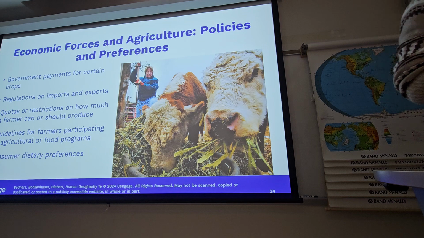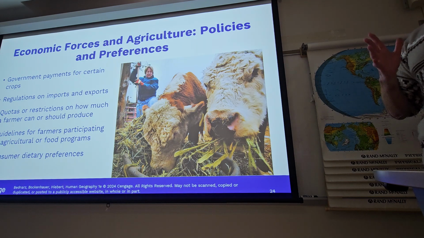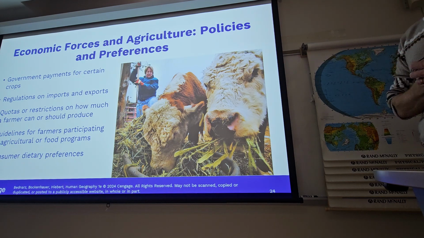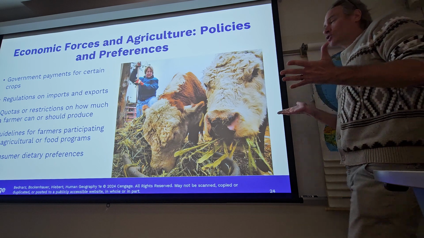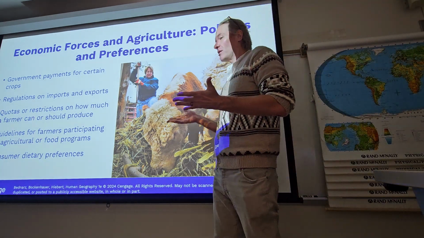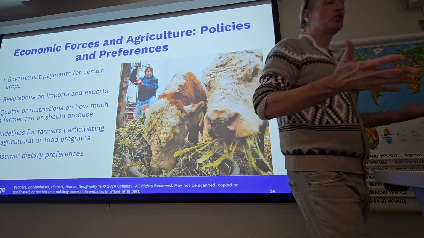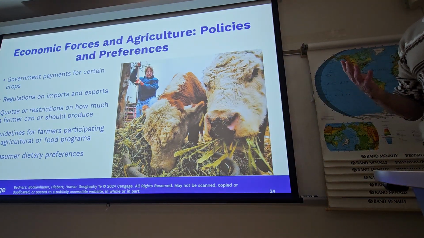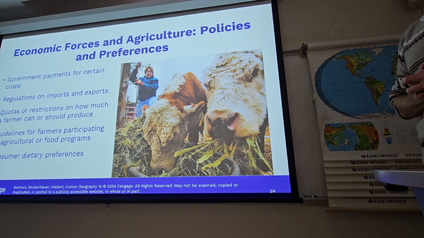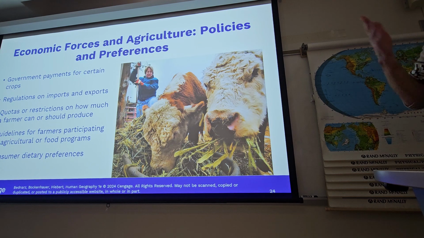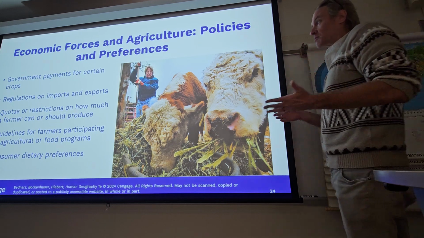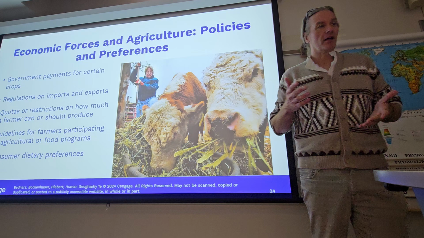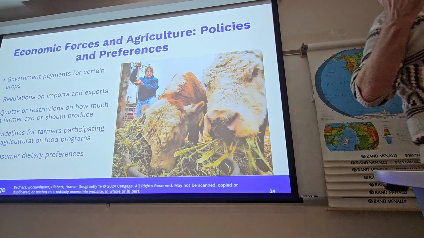Economic forces come into play when it comes to these foods. Similar to other goods and services, governments can put restrictions on imports and on exports, especially in regard to trade wars that happen quite a bit. Sometimes you'll have an industry, might be agriculture, that will be popular with voters, right?